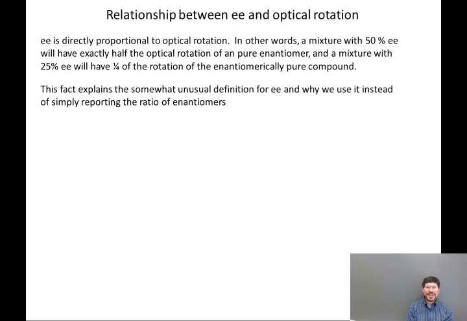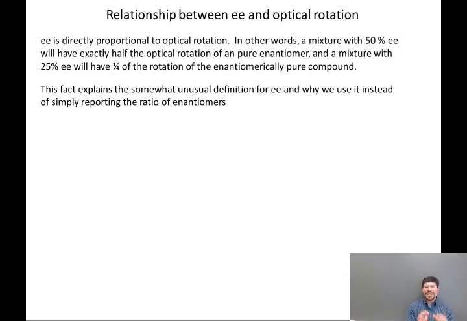This definition may seem a little bit strange to you, but the reason why we use it is that the EE, as defined this way, is directly proportional to optical rotation.